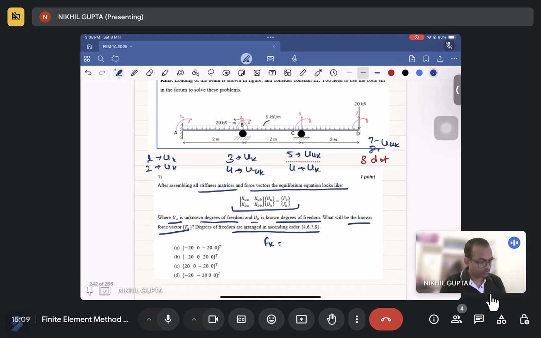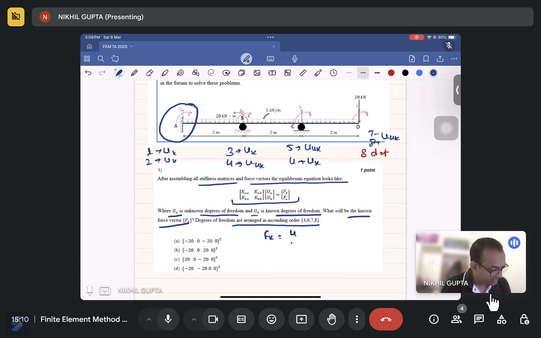So where we know u, we don't know the f, the reaction force acting at that node. But at 4, 6, 7 and 8, where we don't know the degree of freedom, we know the forces that are acting.